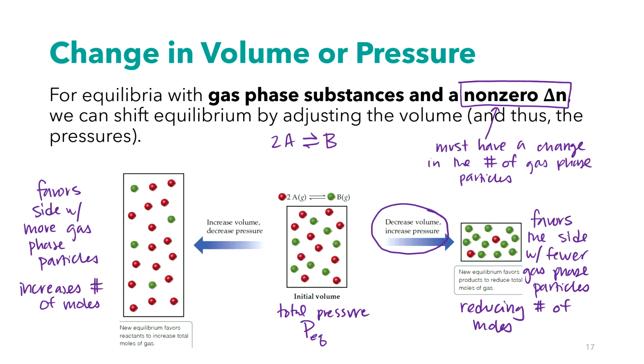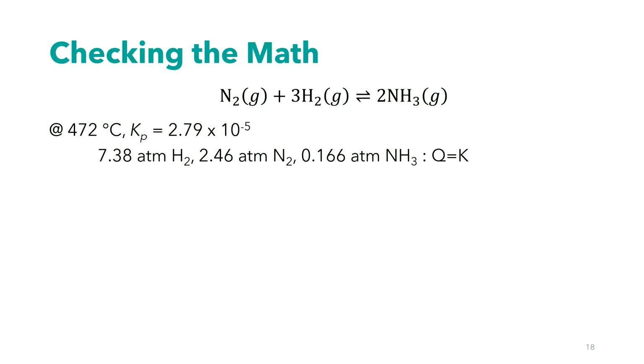Okay, I want you to prove to yourselves that this is true. Once you get these notes down, I'm going to have you do a practice problem. All right, so let's check the math. We have initial conditions, so at 472 degrees Celsius, Kp for the Haber process is 2.79 times 10 to the negative fifth.